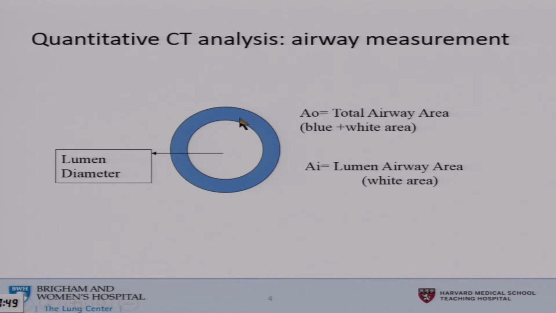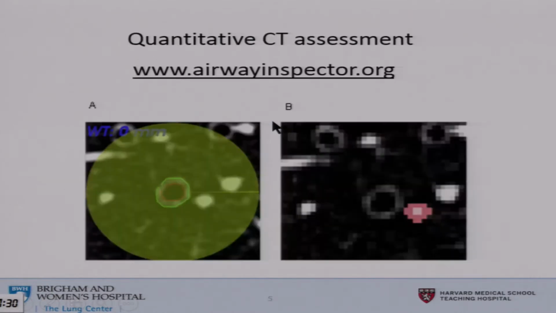And you can use these measurements to create quantitative assessments of both airway and vascular measurements that you can then use for quantitation. We can also look at the circumference and various other measurements to add dynamic assessments to this.